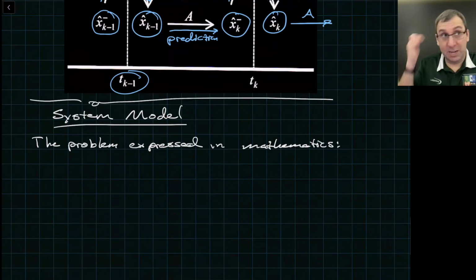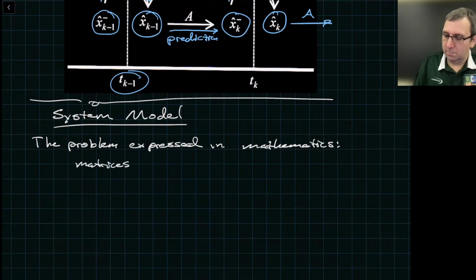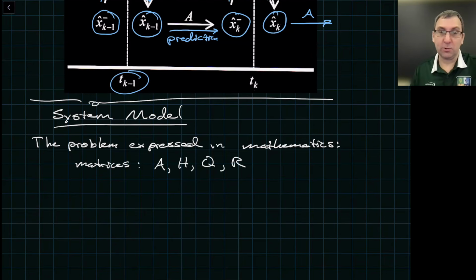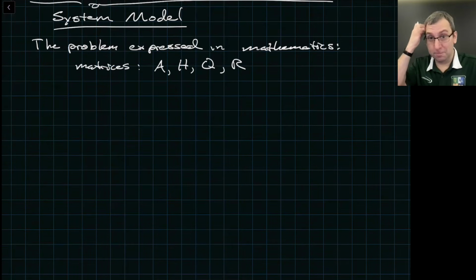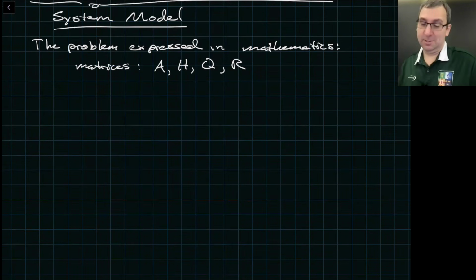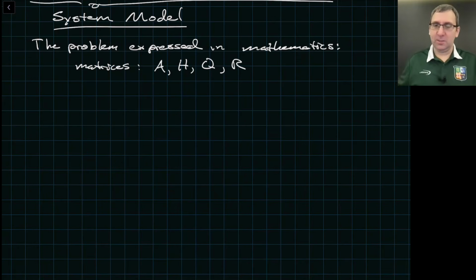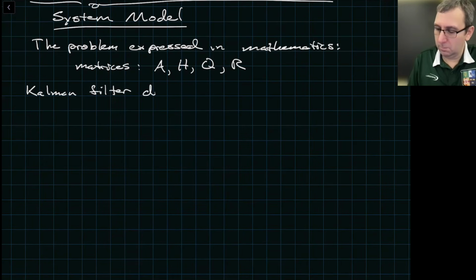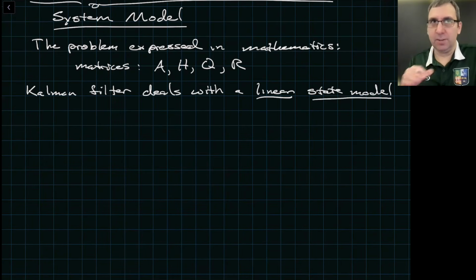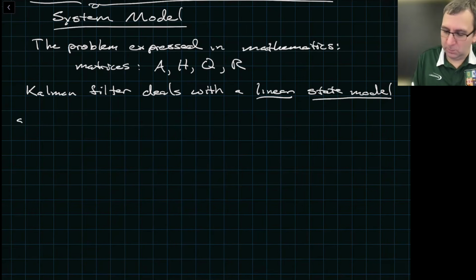In particular, those matrices, A, H, Q, and R. In general, they're matrices, and I'll give you all of the dimensions. The basic Kalman filter deals with a linear state model, and this is very common in modern control theory. So let me write this out.